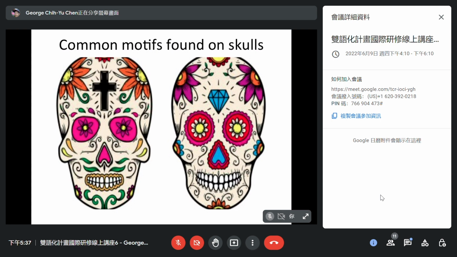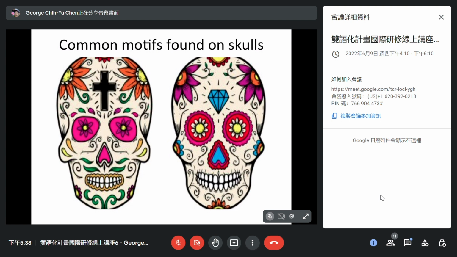And when you go to Mexico, there are many products with this design. When I was there, I came back with 2 skulls. I can't tell you a price because skulls were available in different materials.